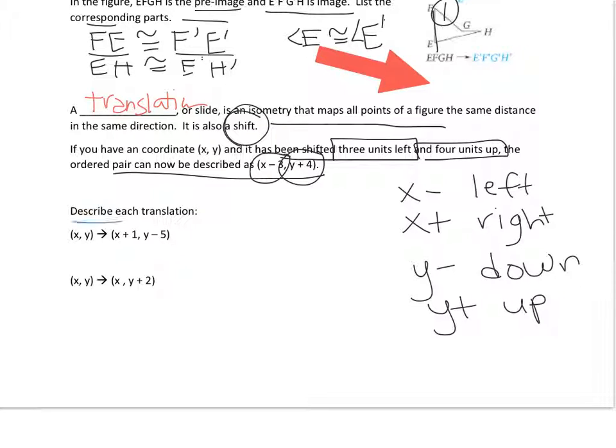So let's describe each shift. This is going right 1, and then left 5. This one's not moving anywhere in the x, so x is staying the same, but it's going up 2. That's how it's being shifted.